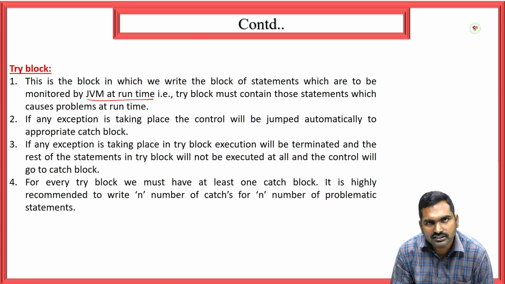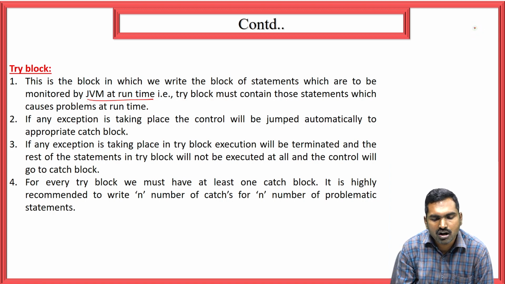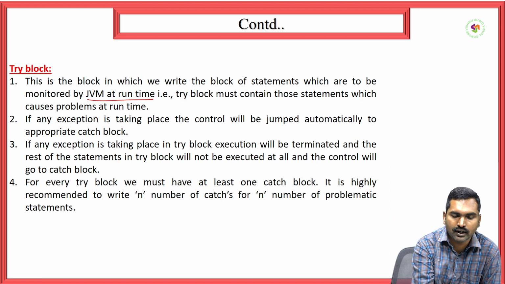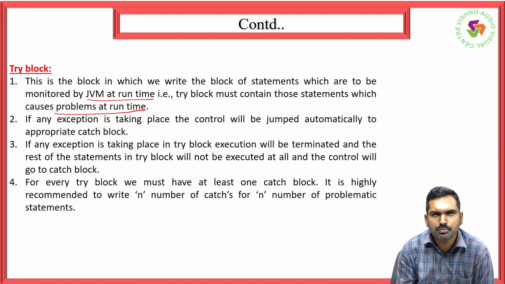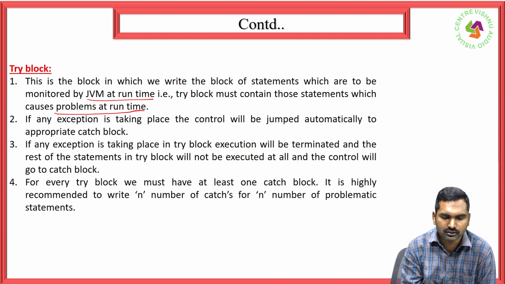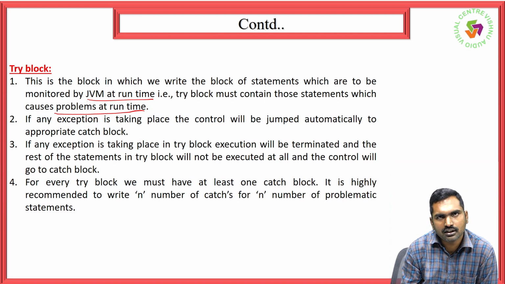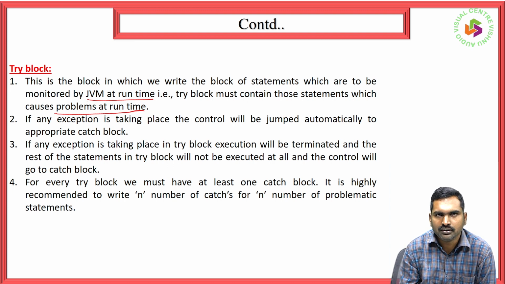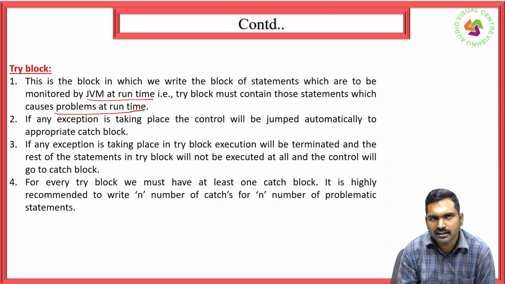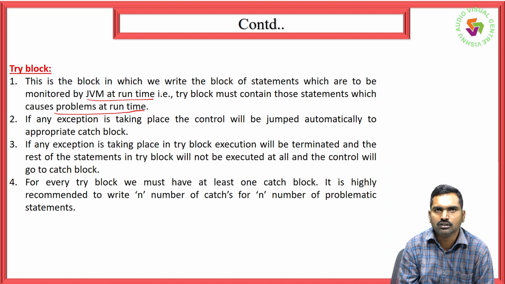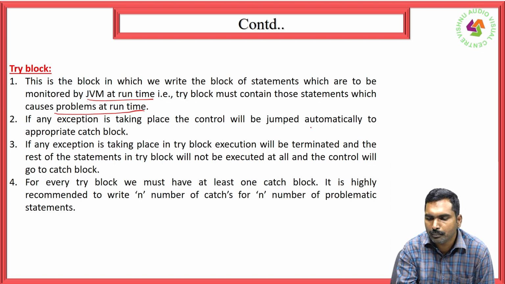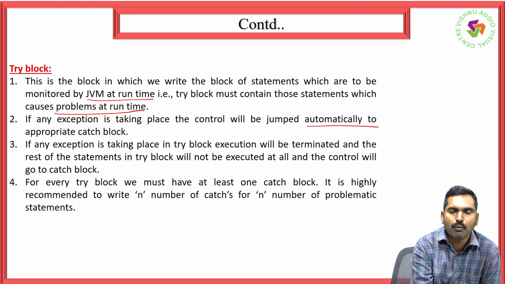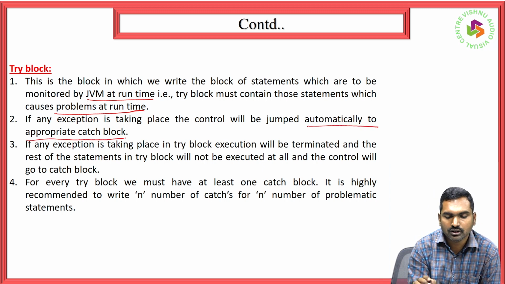It contains the statements which may cause problems at runtime only. If any exception is taking place inside the try block, the control will jump automatically to the appropriate catch block.